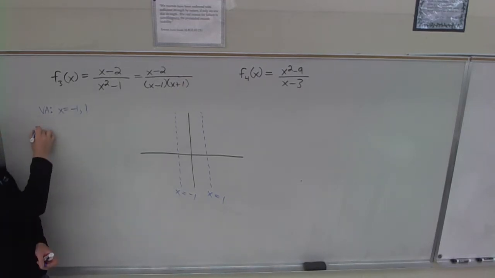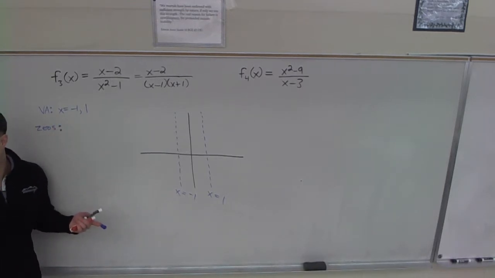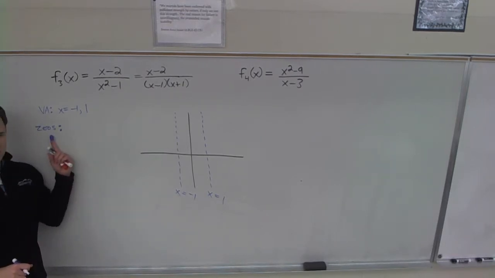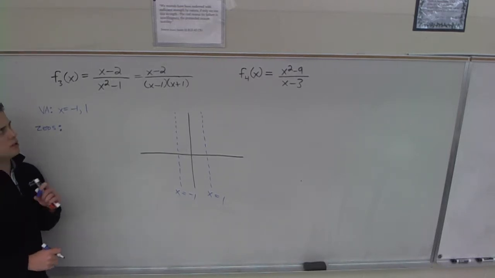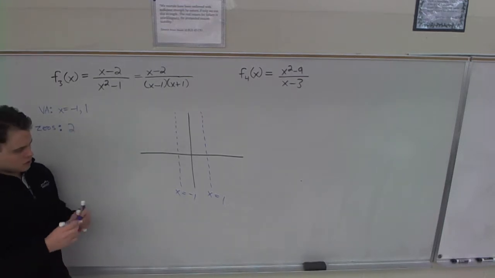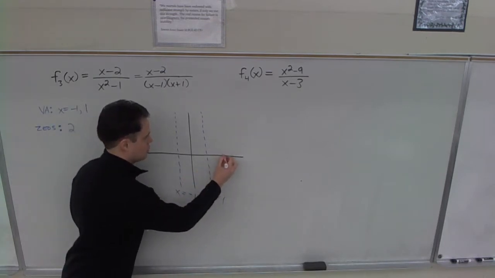All right, let's find our zeros. It doesn't really matter which order you do these in, by the way. You do them however you want to get your graph. So for zeros, we looked not at where the bottom was 0, but where the top was 0, because then it'd be 0 over stuff, which is still 0. So that's going to happen at 2, right? So I'm going to plot that as an actual point in the graph in red, about right there at about 2.